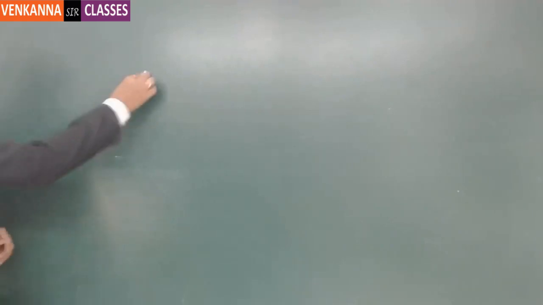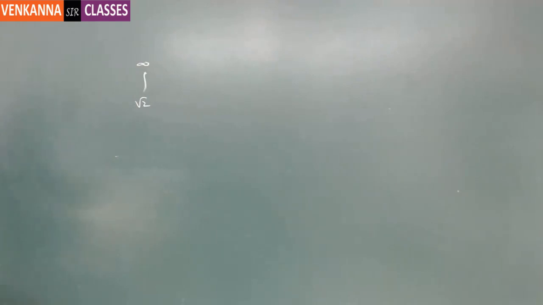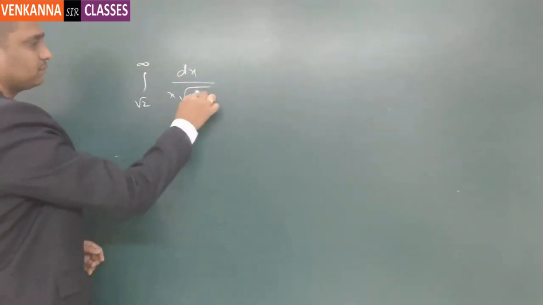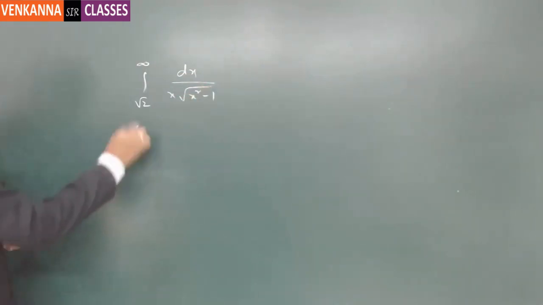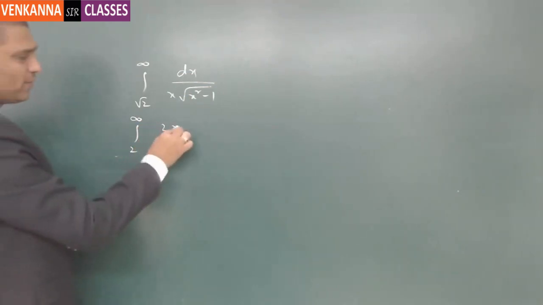So one problem I want to take is, let us say, integral root 2 to infinity dx by x into root x square minus 1. Another one is integral 2 to infinity 2x square by x power 4 minus 1.